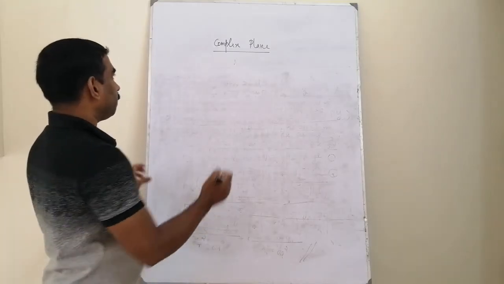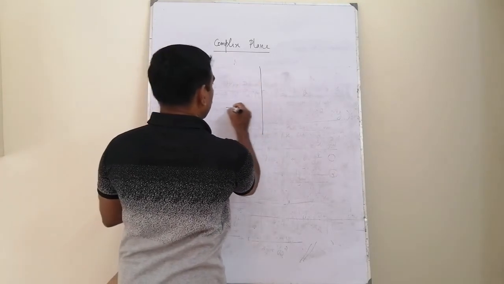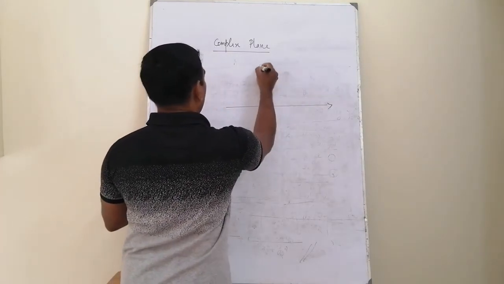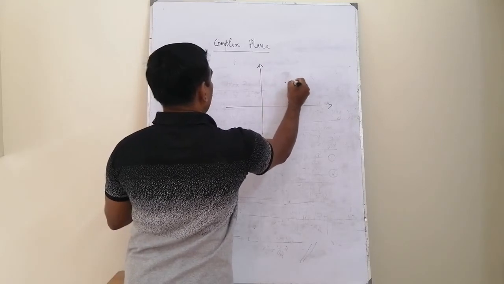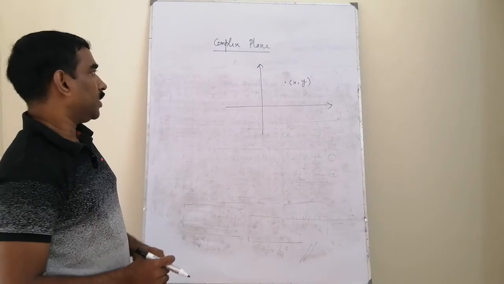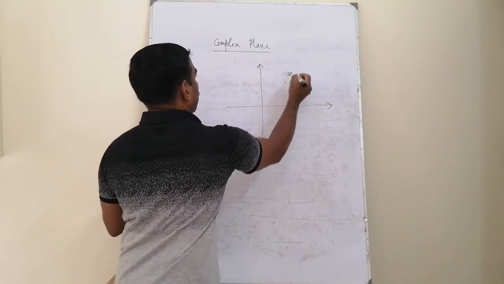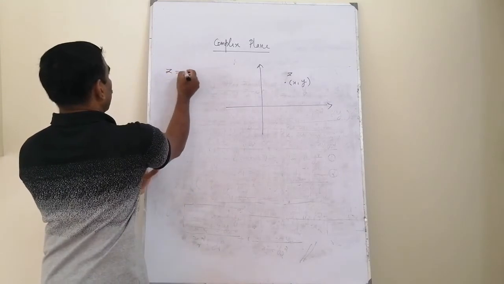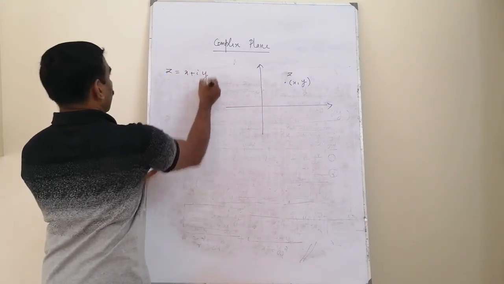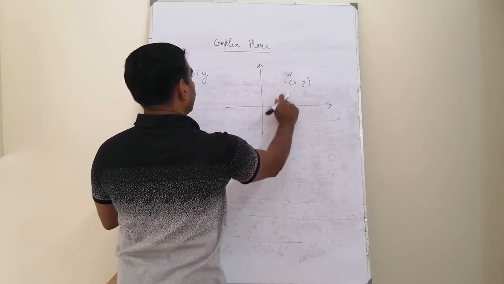Now see what a complex plane is. In the definition we have seen that every complex number is represented as an ordered pair (x, y), or we call it z, where x and y are real numbers. Suppose this is our complex number, say z is equal to x plus iy. Suppose we reflect this complex number about the real axis.